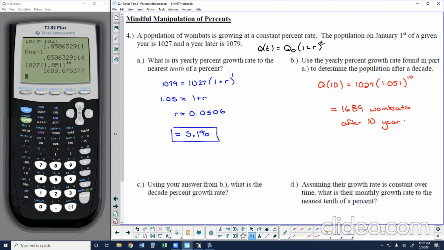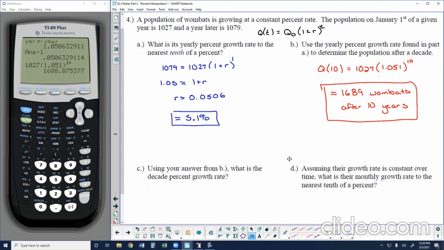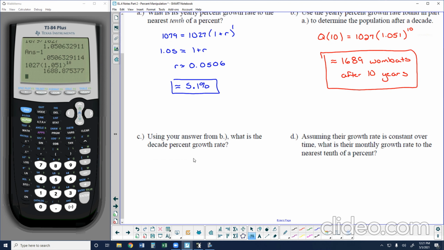In part C, it says, using your answer from part B, what is the decade percent growth rate? So we know that we had a population of 1,689, and we started with 1,027. So if we want to find the decade growth rate, so this would be for 10 years, we're going to take the population that we ended with, 1,689, and substitute in the formula for Q of t.